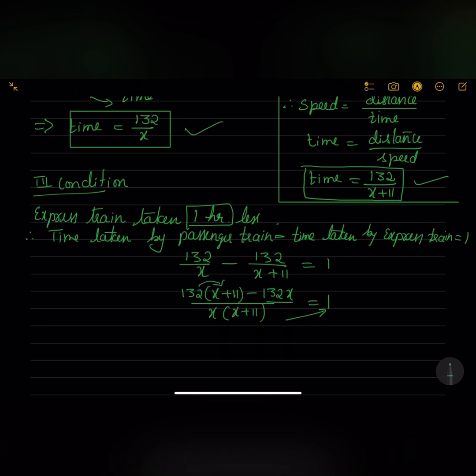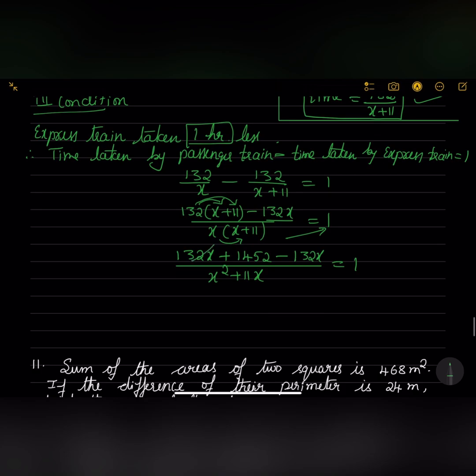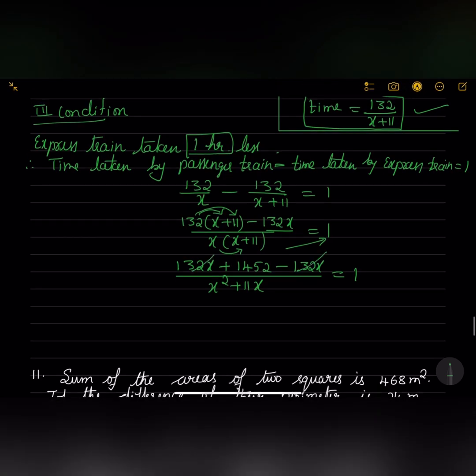So multiplying 132 with this, we'll get 132x plus 1452. 132 into 11 is 1452, minus 132x divided by x plus 11 multiplied with x, which is x square plus 11x, equal to 1. Plus 132x minus 132x will be cancelled. We are left with 1452 is equal to x square plus 11x.